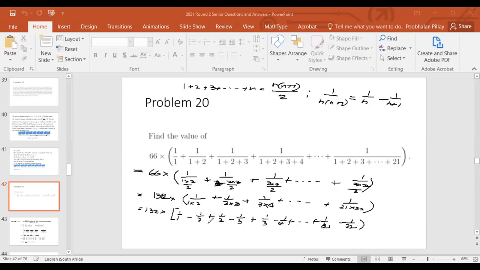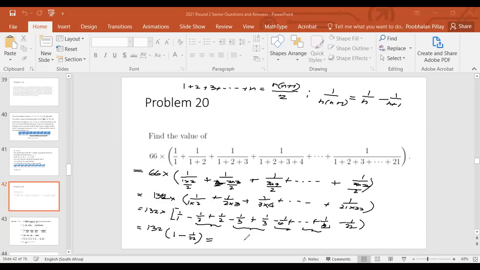And now you see, lo and behold, these terms disappear, what I call fratricide, brothers killing each other. And the 21 also disappears. In the end, you simply have 1 survives, and this last one survives, minus 1 over 22.